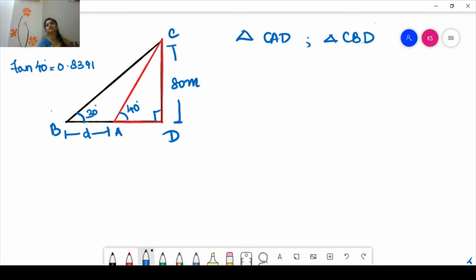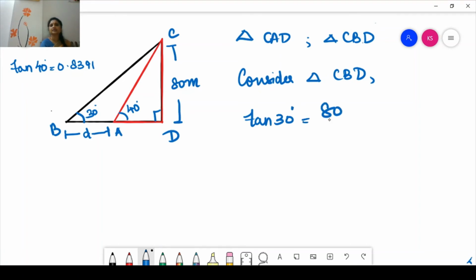So let's go about solving it. First, we'll take the bigger triangle. So consider triangle CBD. As usual, we'll be using tan 30 because we are dealing with opposite and adjacent. So the adjacent side is going to be BD because we are taking this big triangle. Tan 30 is the ratio between the opposite, that's CD, by BD.